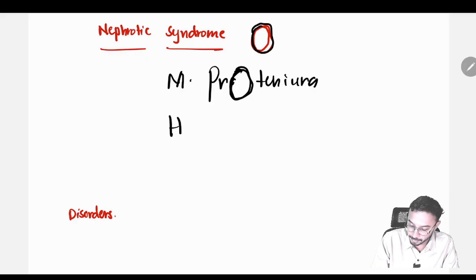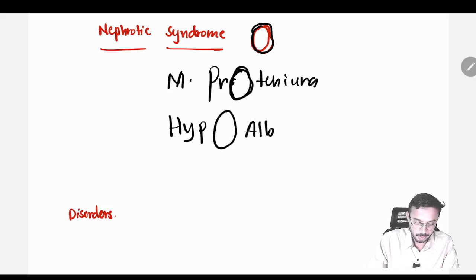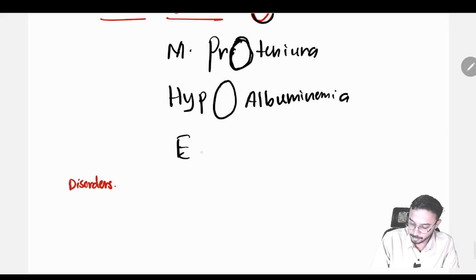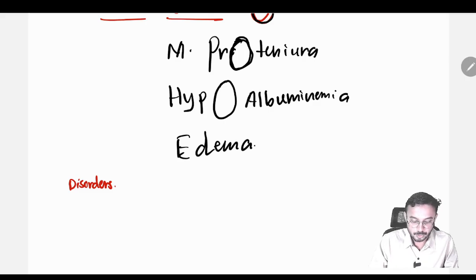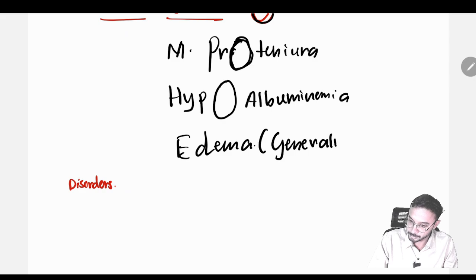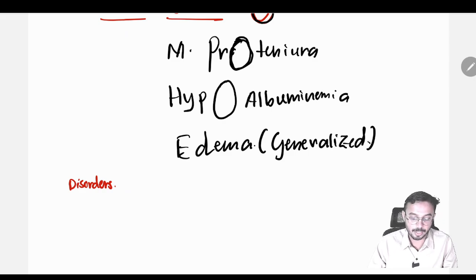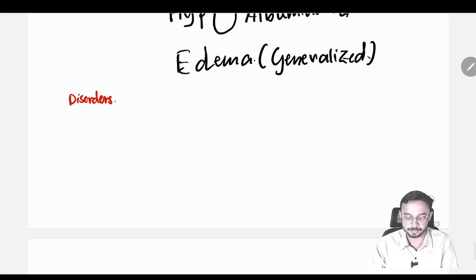Albumin will also become less. Hypoalbuminemia, here also O, and edema. So what kind of edema here? Generalized edema. These are all what you'll find in nephrotic syndrome.